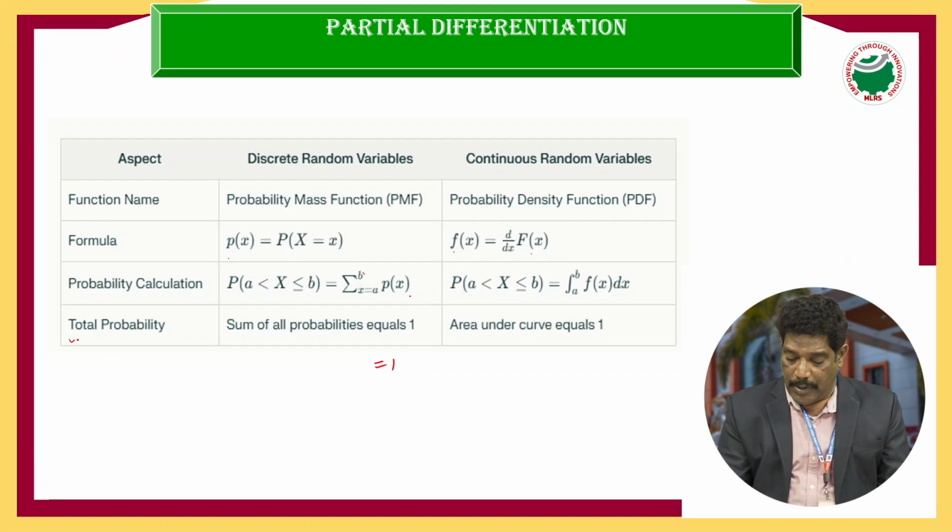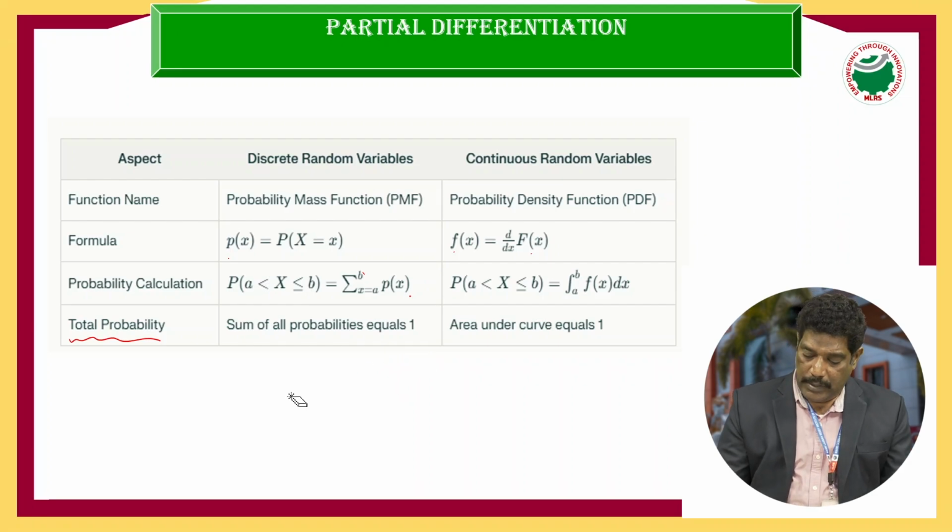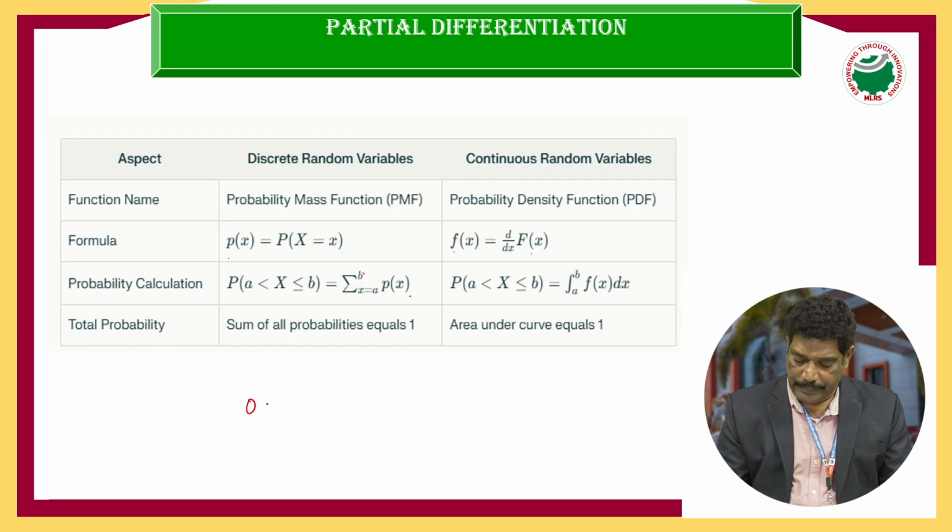The probability should not exceed 1. We already know probability lies only between 0 and 1, so the maximum probability is 1. That is the total probability.